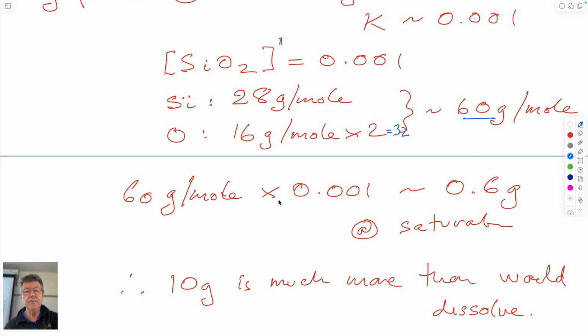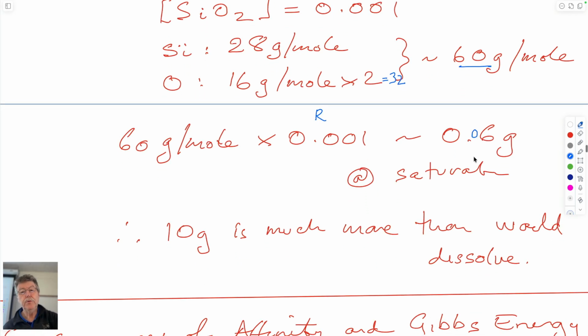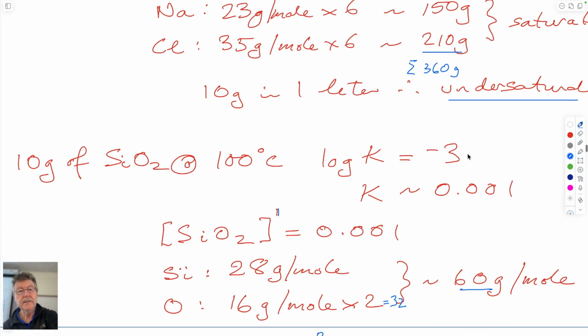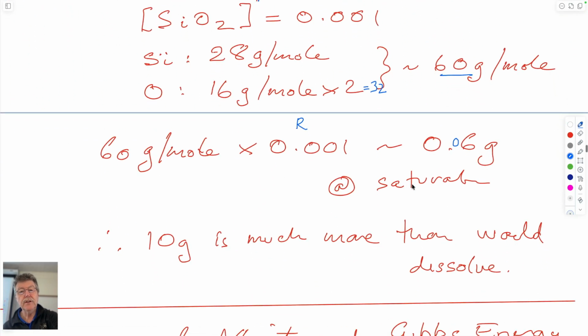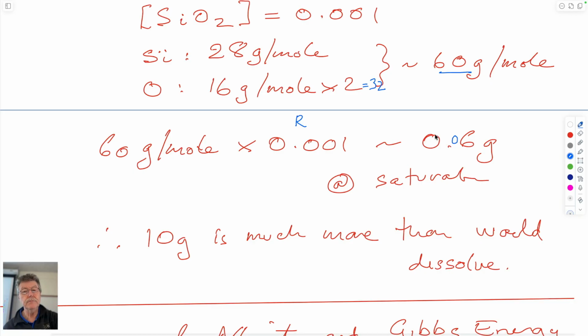But the solubility is multiplied by this concentration. So if you multiply that by this, at equilibrium the solubility would be 0.06 grams. And so if you have 10 grams of silica in water, it is only able to take 0.06, and so it would leave most of that quartz in its solid state.